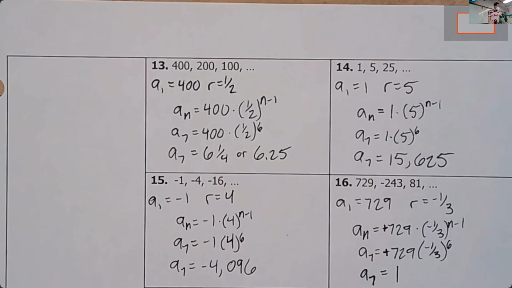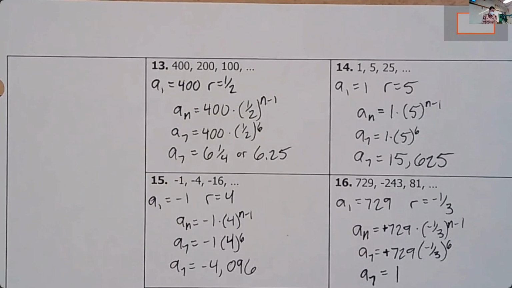Are there any questions on those four that we need to take a closer look at? We've got our first terms and our common ratios. The first terms, again, you'll always be able to get. Common ratio, you've got to figure out using a little bit of division. So our common ratio on 13 is 1/2. Common ratio on 14 is 5.